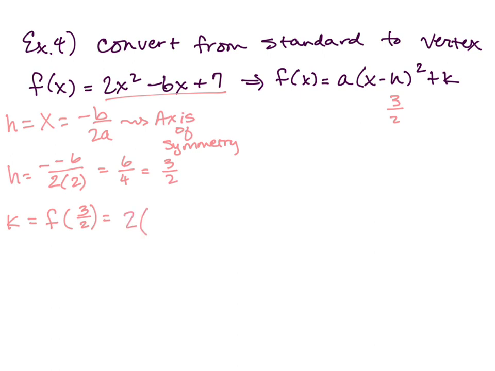So we've got 2 times 3/2 squared minus 6 times 3/2 plus 7. It's 3/2 squared. Three halves squared, that's 3 squared over 2 squared. 9/4. So we've got 2 times 9/4 minus.